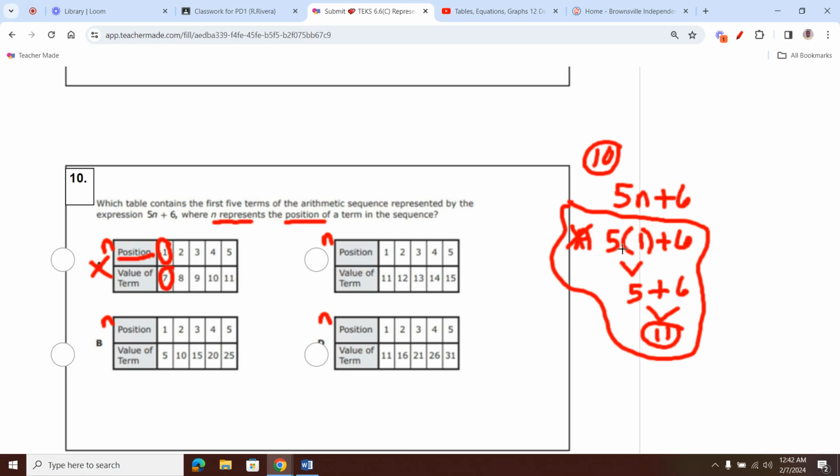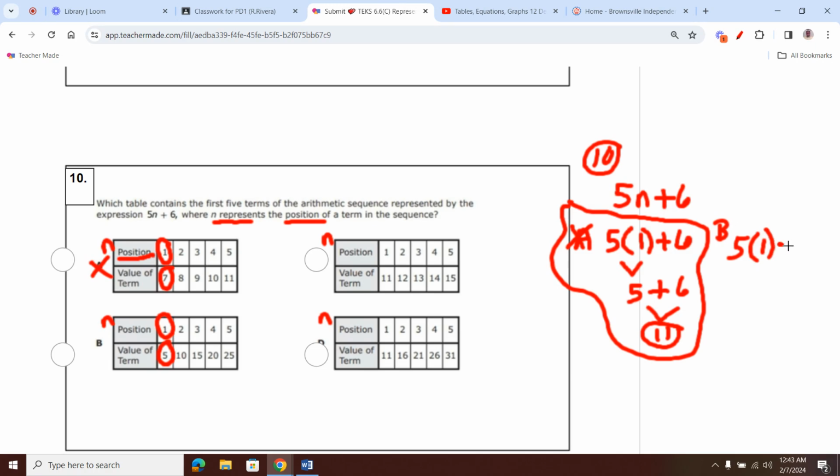Okay? So letter B, there's the equation. Again, I'm going to use the first two, 1 and 5. So 5 times a number next to a letter means multiply. That's why I'm putting the parentheses to show multiply. And the position is 1.